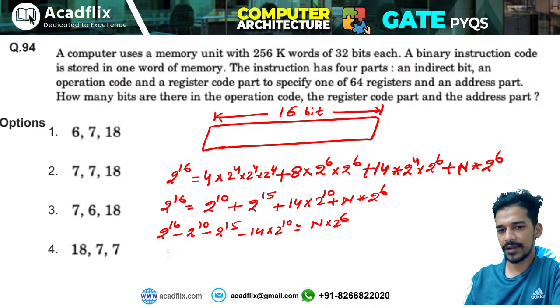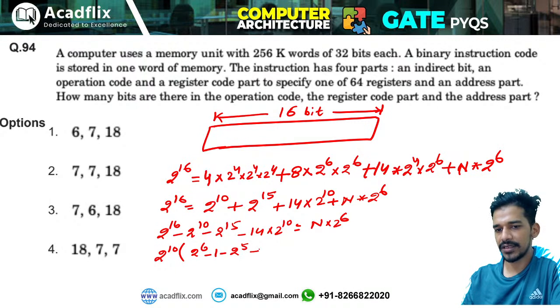We can take 2 to the power 10 common here. This will become 2 to the power 6 minus 1 minus 2 to the power 5 minus 14 equals n into 2 to the power 6, right?